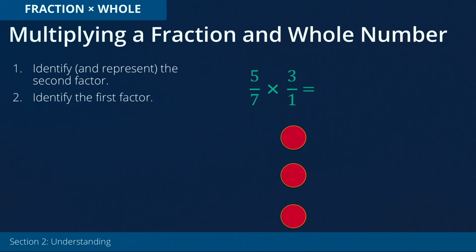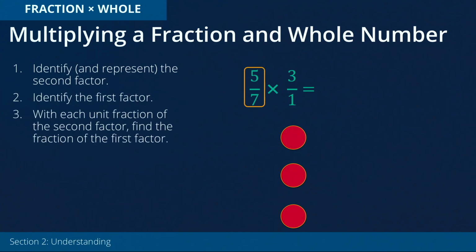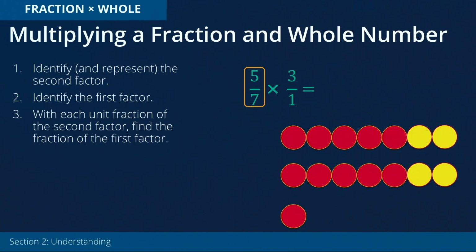So I could say, well, the first factor is 5/7. So here's 5/7, here's 5/7, and here's 5/7. Because I'm still working with my wholes, even my whole first had a denominator of 1, now it has a denominator of 7. And so let's think about, well, in each of these groups of 7, so that's going to be my denominator, how many groups did I create?